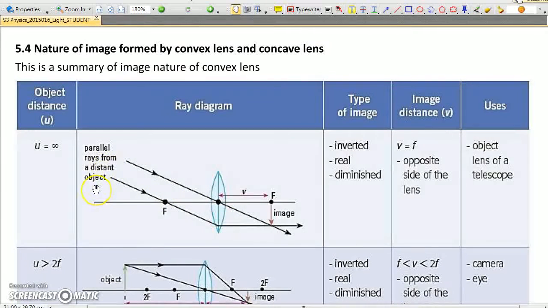When the object is very far away, the two light rays from the tip of the object are almost parallel, and they will converge to a single point just below the focus, in that way producing an inverted image, which is diminished.